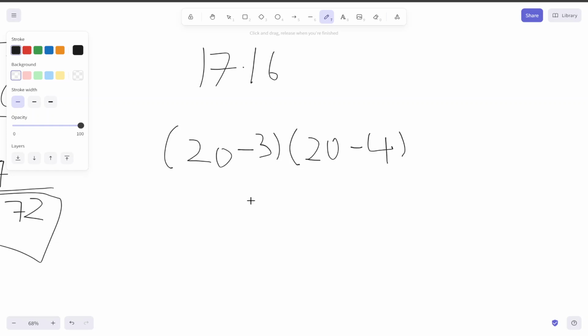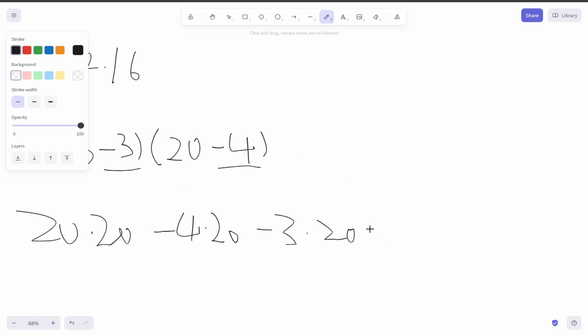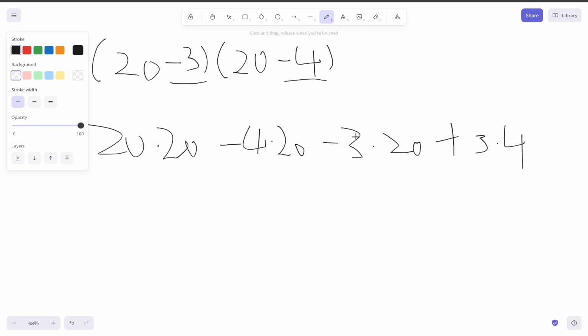Right, and then this is effectively the same thing. We can do 20 times 20 minus 4 times 20 minus 3 times 20. And then note here, negative 3 and negative 4, this is actually plus 3 times 4 because a double negative will be positive.